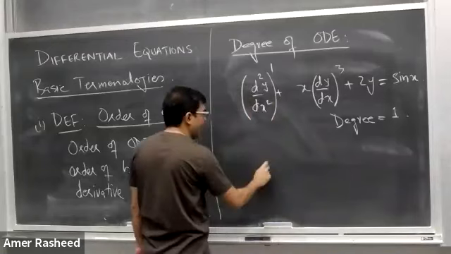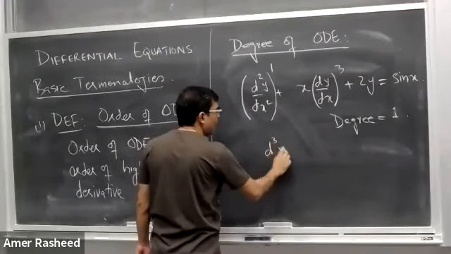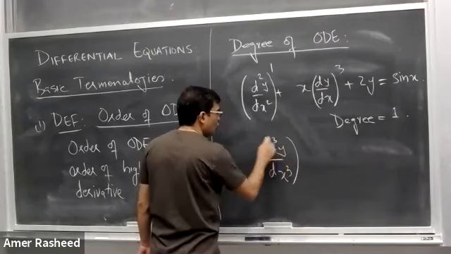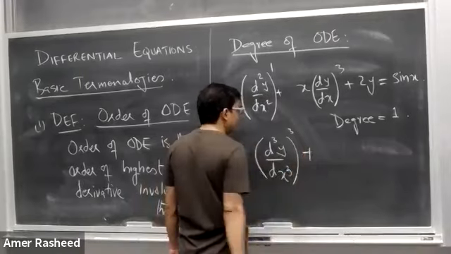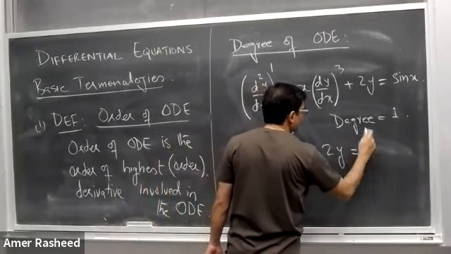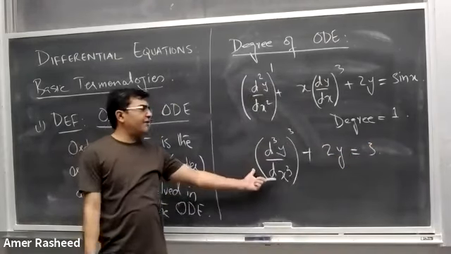Okay. Now, if I write here d cube y by dx cube whole power 3 plus maybe 2y is equal to maybe 3. What is the degree of this differential equation?